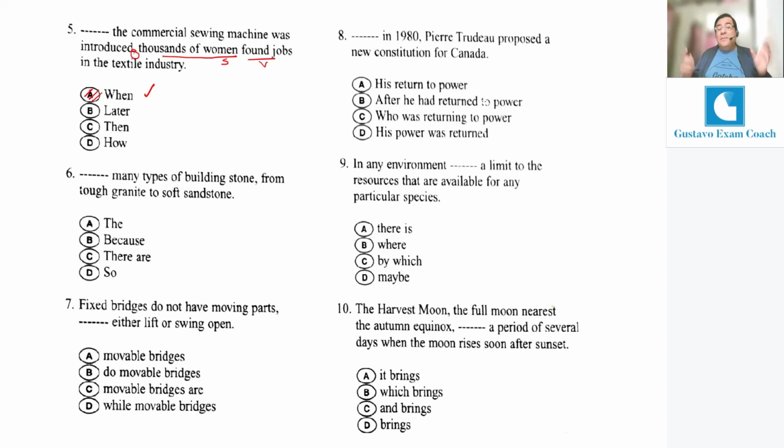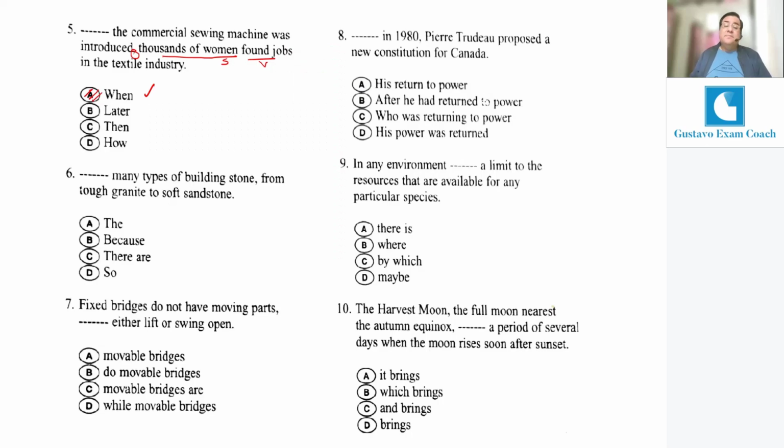And remember, independent clauses cannot be connected using just a comma. That's why later cannot be the initial word. Then is another subordinator, but doesn't make sense, right? We don't use it in this way. How doesn't make sense either as a subordinator, because how is a noun clause subordinator.